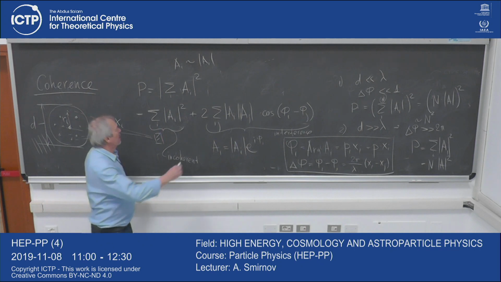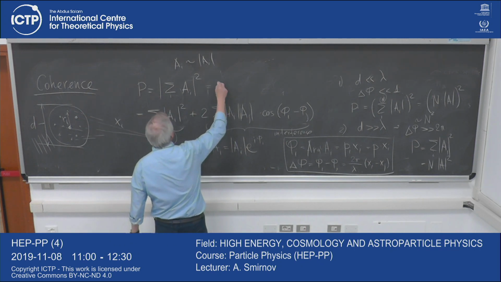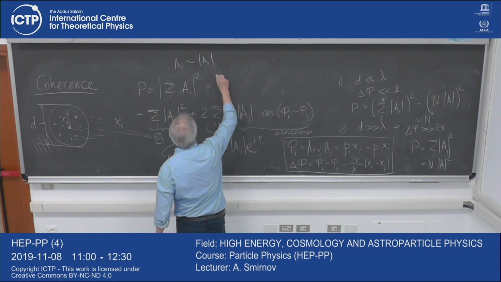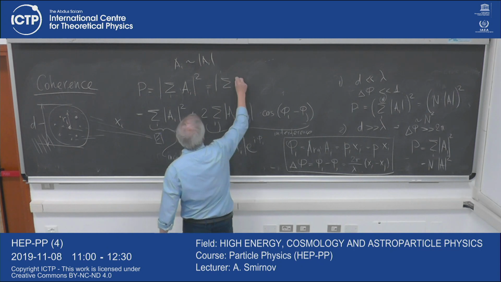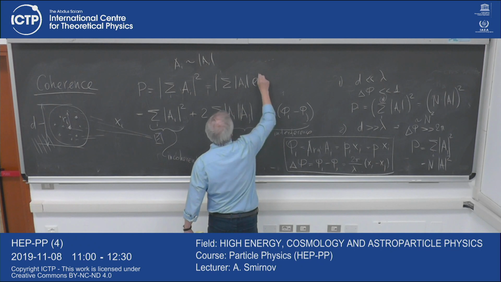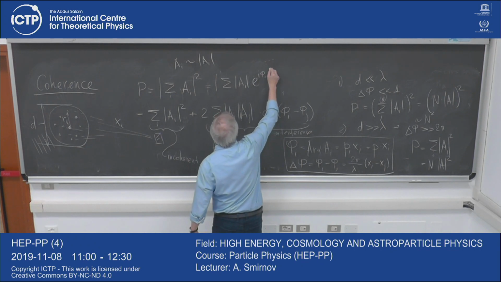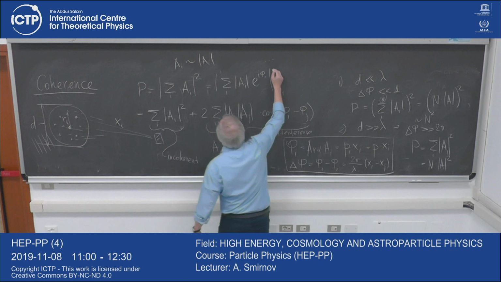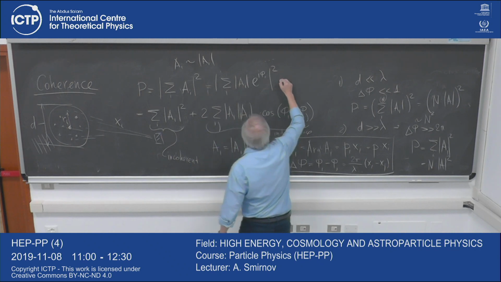I can do this more carefully: in the coherent case, this is given by the sum of the amplitude a_i times e to the i phi_i, all moduli squared.